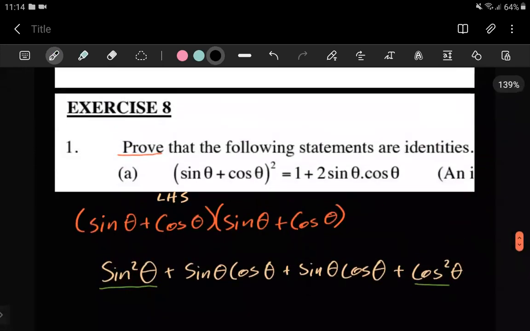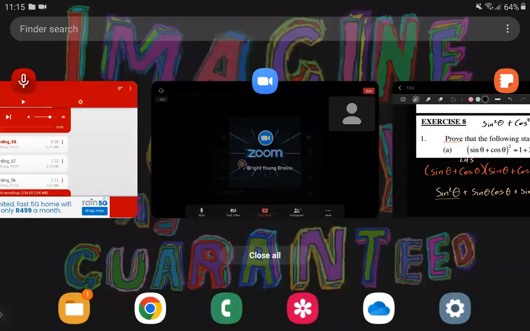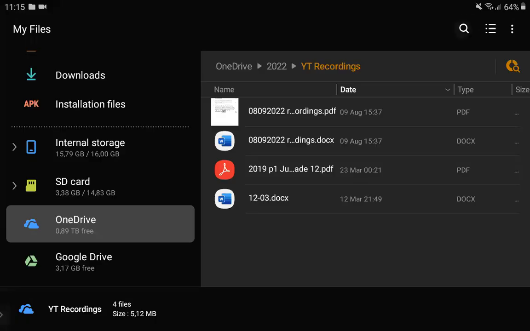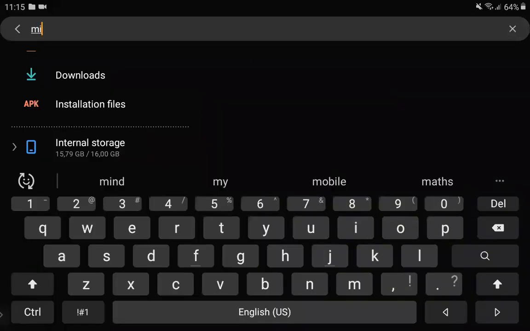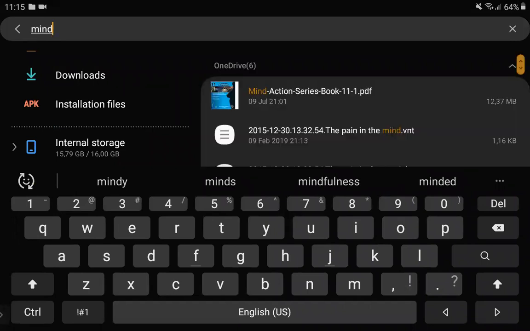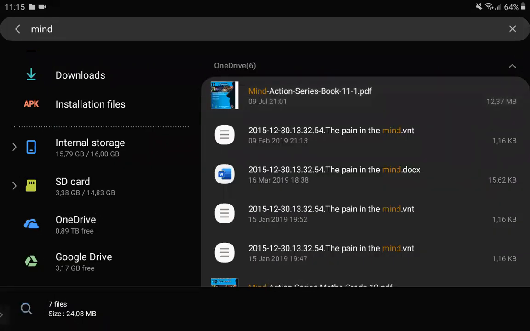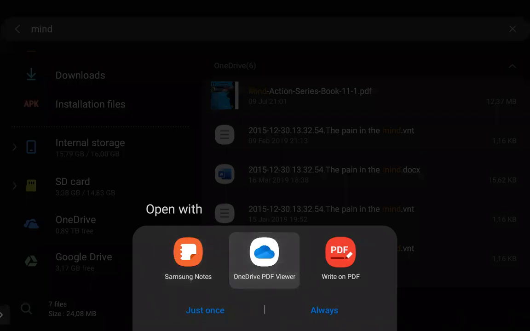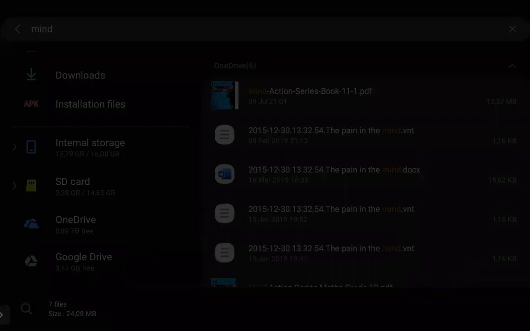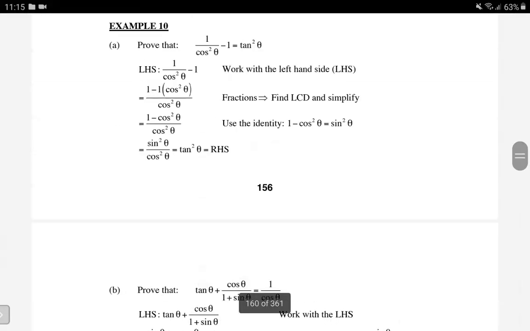There's an identity that says sine squared theta plus cos squared theta equals 1. This is the square identity. It's one of the first things laid out when identities were mentioned in the grade 11 textbook. It just says that sine squared plus cos squared will always give you a 1.